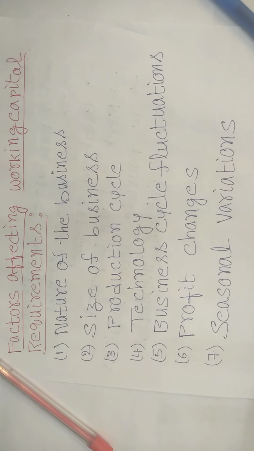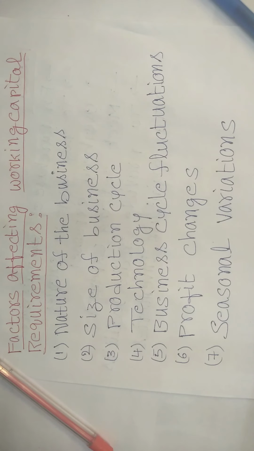If the organization generates more profits, then there is an opportunity for the companies to allocate more profits for the working capital. Then the last factor which affects the working capital is seasonal variations. In this, if the raw material availability is seasonal like mango, they have to be bought in bulk during the season for uninterrupted production.